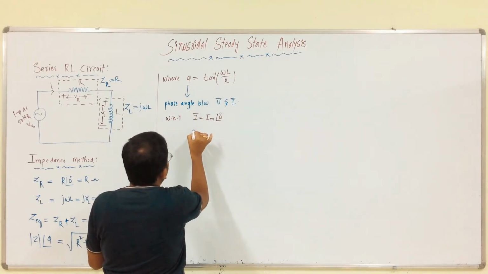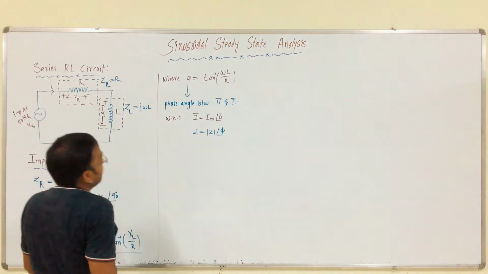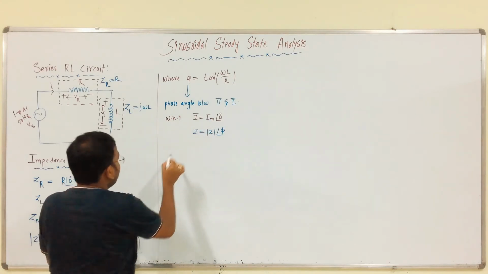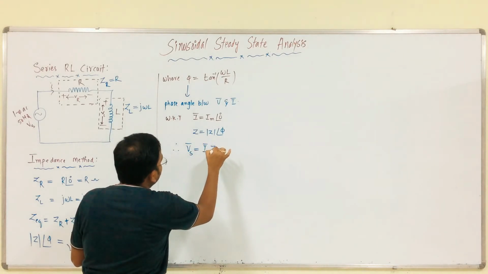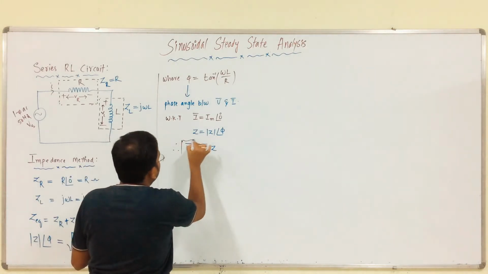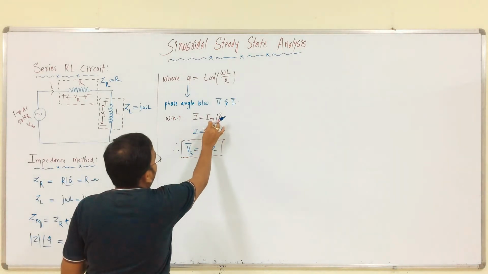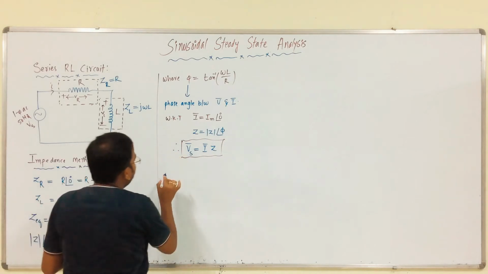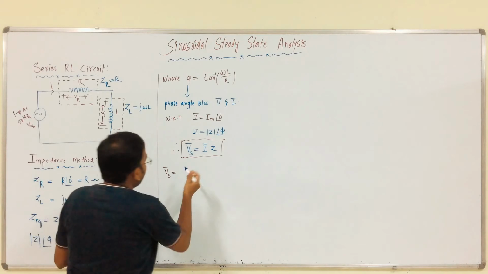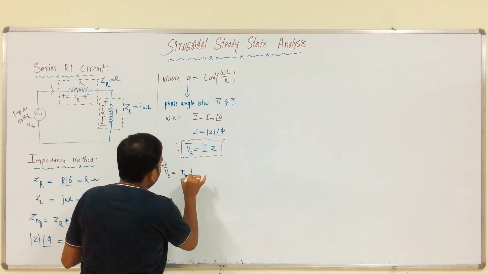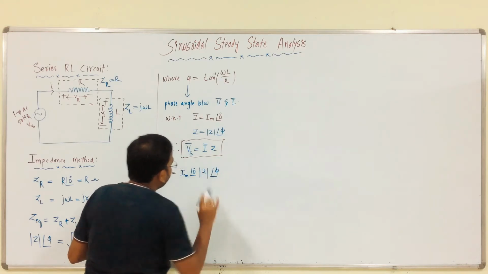Okay. We know that Z is equal to mod Z at an angle phi. We know the current and impedance. Therefore, what is the value of the supply voltage, which is nothing but I Z, right? We multiply the current and impedance, which is I m at an angle 0 times mod Z at an angle phi, clear?